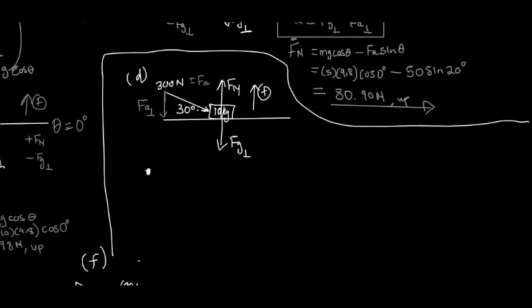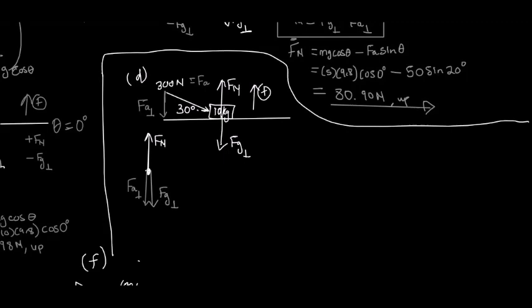We've got normal force upward, and then downward is the perpendicular component of the force applied, and we also have downward the perpendicular component of the gravitational force.